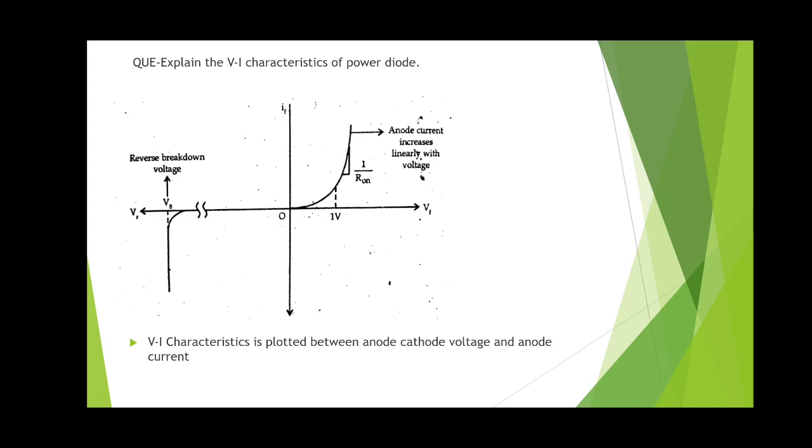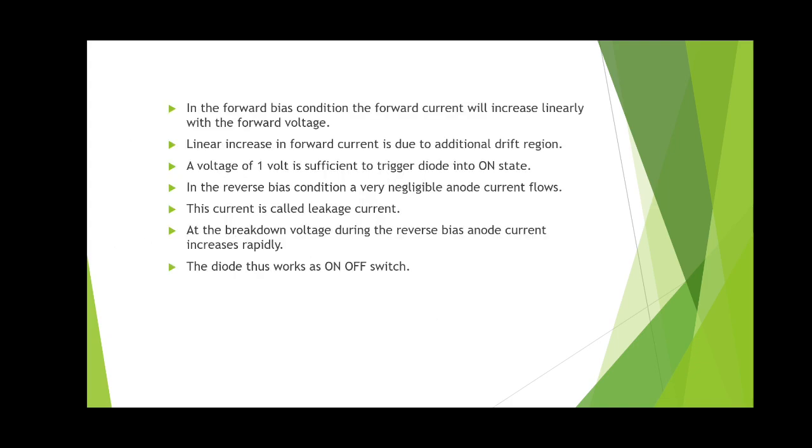When the diode goes into breakdown, the anode current starts increasing rapidly. At the breakdown, the voltage will remain constant, but the current will increase. Hence, large power dissipation will take place and the diode will be damaged. So in this way, the characteristics of the power semiconductor diode can be plotted.